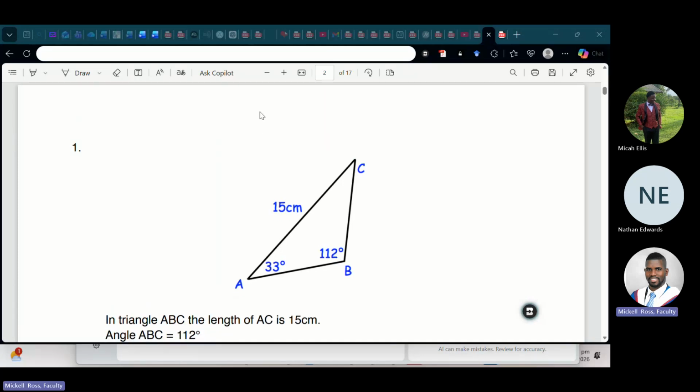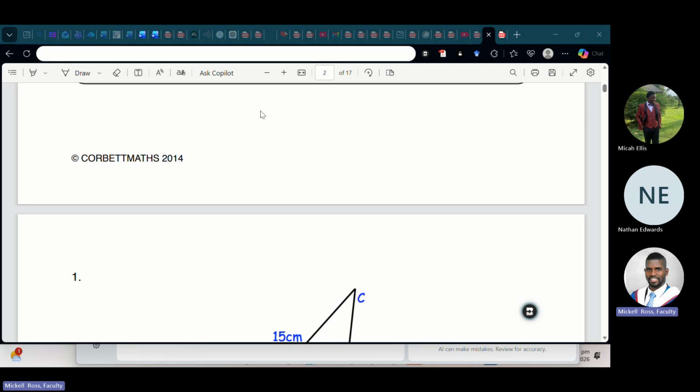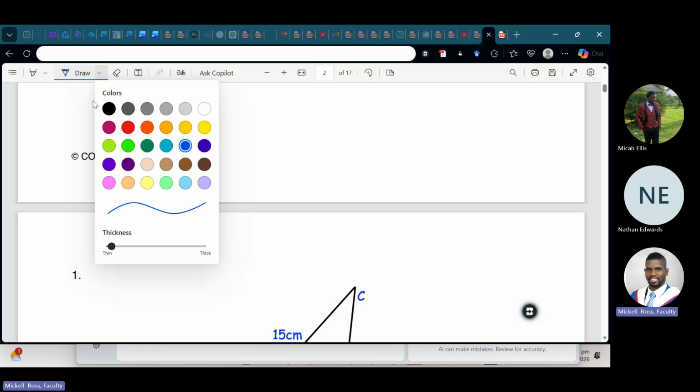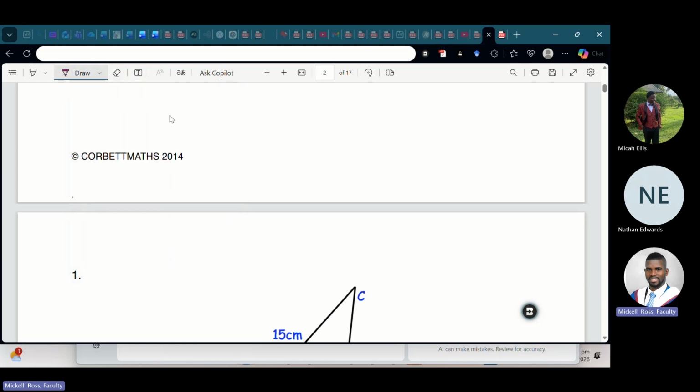Now, the sine and cosine rule is necessary for instances when we don't have a right angle triangle. All right. So if you're not working with a right angle triangle, you still need to know how to do the calculation.